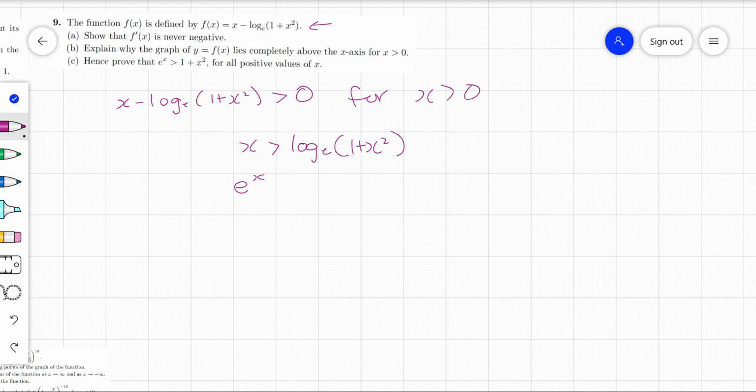We know that when we exponentialize, if something was already greater than, so x2 is greater than x1, then on the exponential where x is positive, e to the x, its y value will also be greater than the other one's y value, so it stays the same here. So we know that e to the x is greater than 1 plus x squared. That's what we wanted to show.